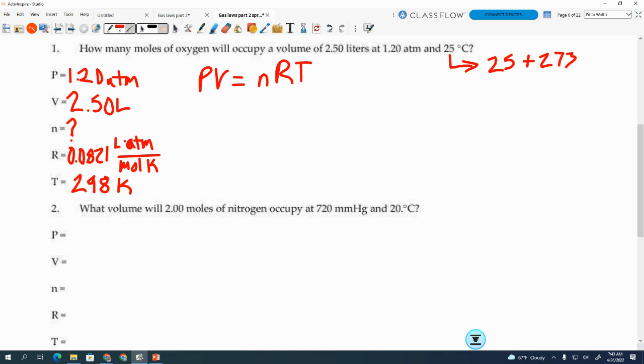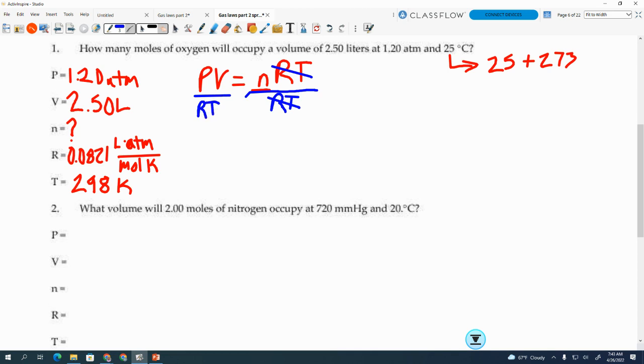We're solving for n, so I need to get n by itself. Best way to do that, again, is to divide by RT here, so that's going to cancel it, and then I divide by RT on this side.